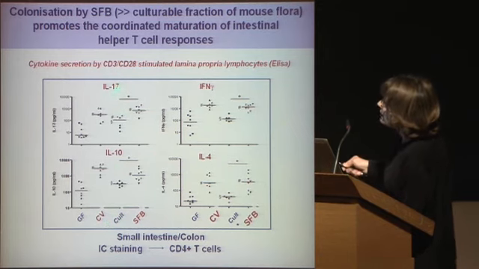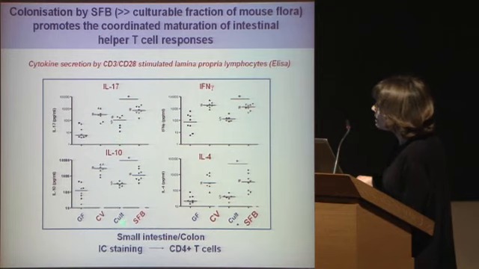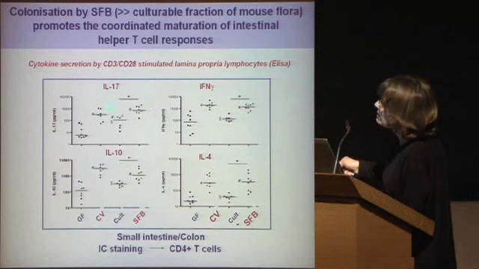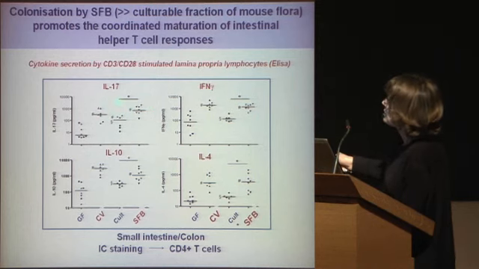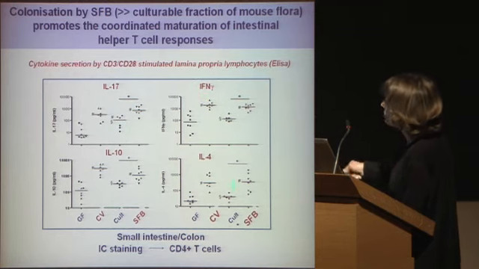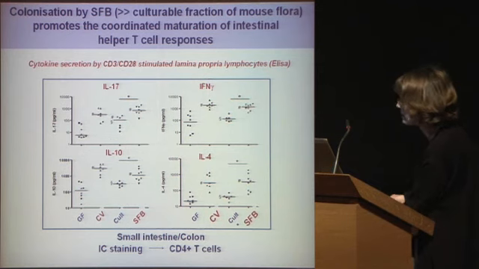If you look at the IL-17 response, the culturable fraction of the microbiota does induce a little bit of it, but clearly, this is a log scale, SFB is much more efficient, and SFB alone is able to recapitulate most of what the conventional microbiota does.